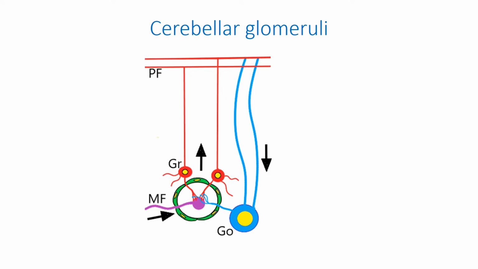Mossy fibers ascend into the cerebellum where they branch innervating granule cells in several cerebellar folia and giving collaterals to the basket and unipolar brush cells and neurons of cerebellar nuclei.